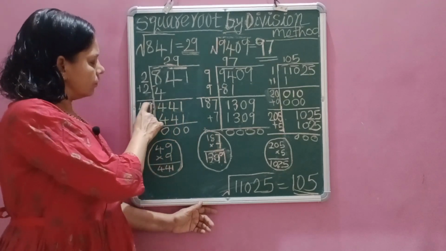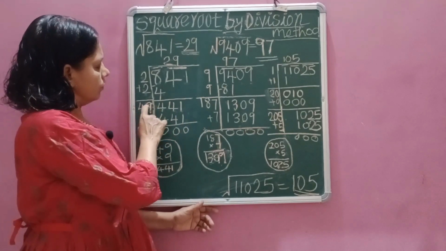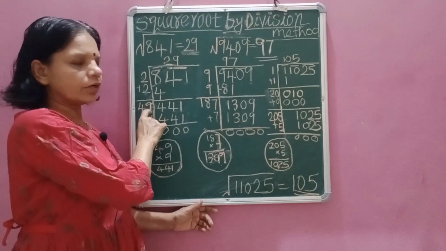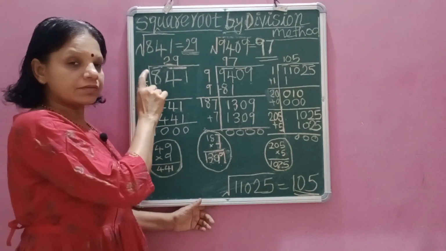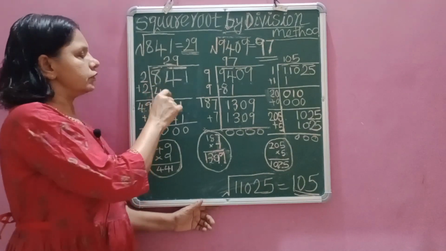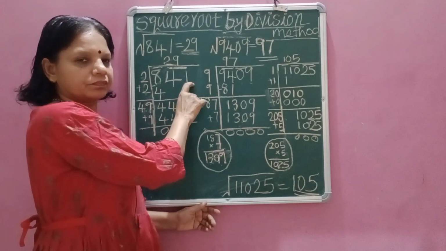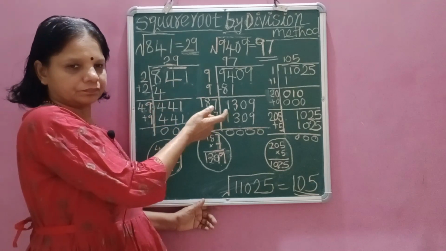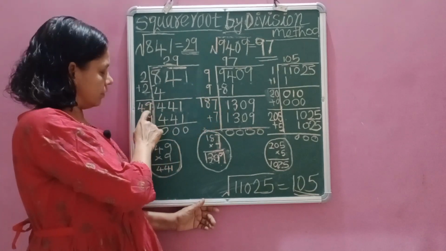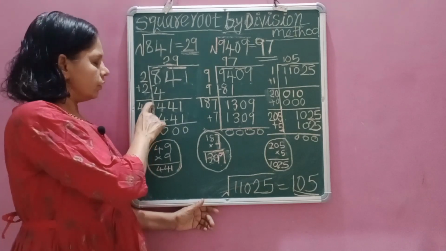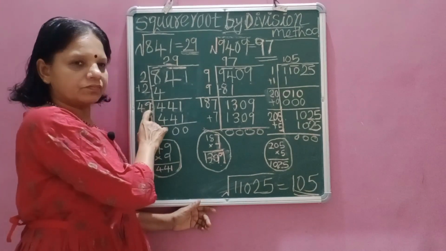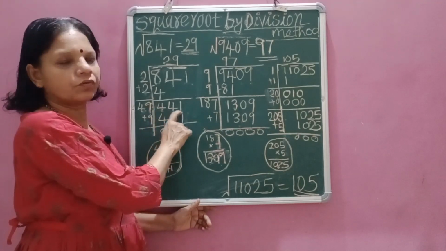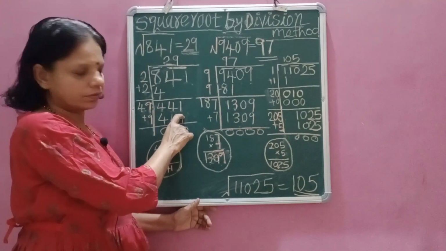So if I write, you can check like this, but in the assuming method, since it is a perfect square, the digit here can be 3 or 9. So when I check with 3, 43 into 3 is not equal to 441, it is less than 441.